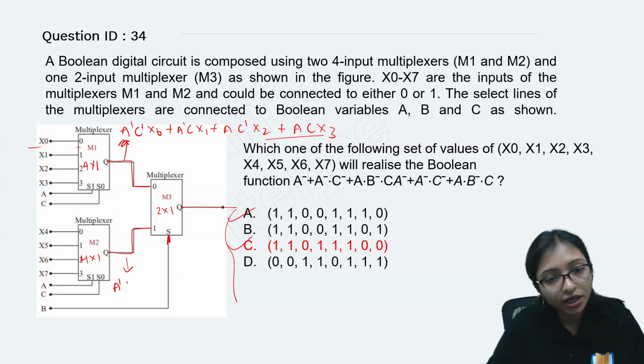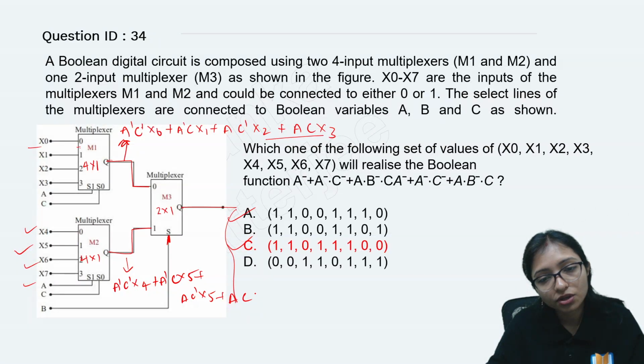Here also the same way: A bar, C bar, I am going to get x4. Then when I am getting A bar C, I am going to get x5. When this is 1 0, A C bar, I am going to get x6. When this is 1 1, AC, I am going to get x7. This is done.